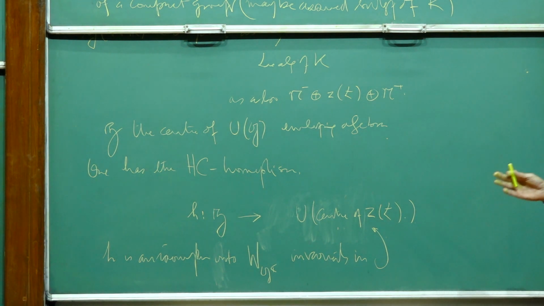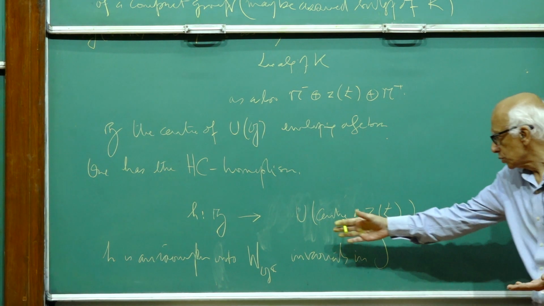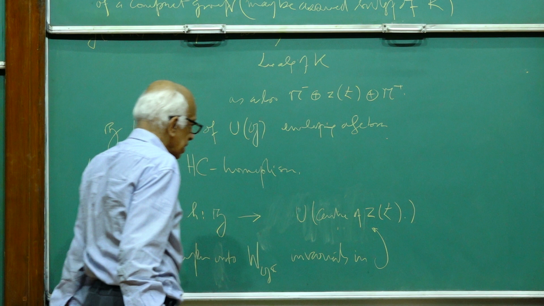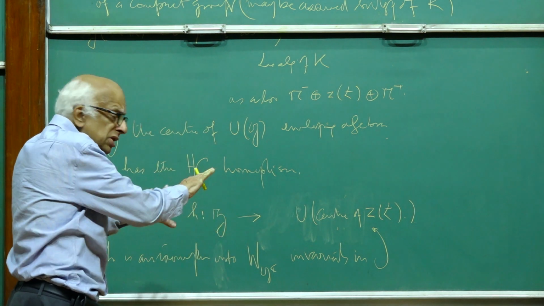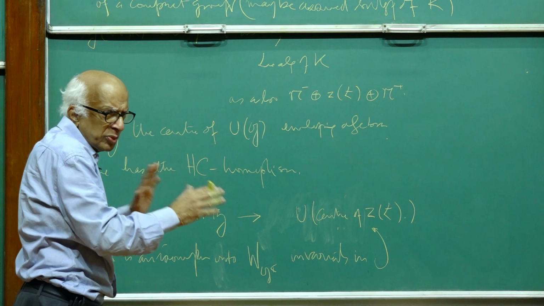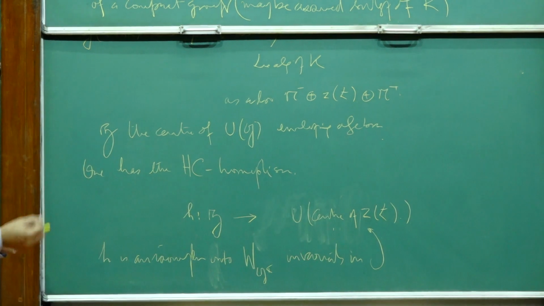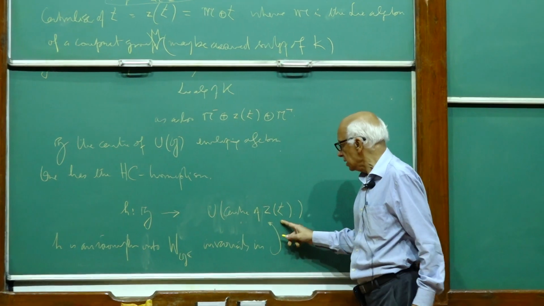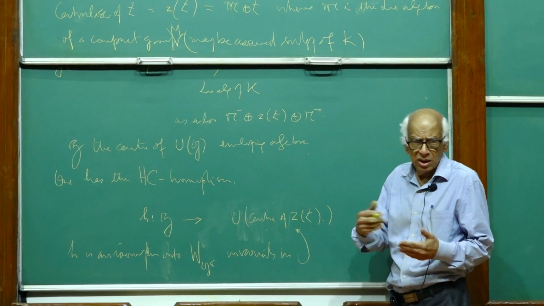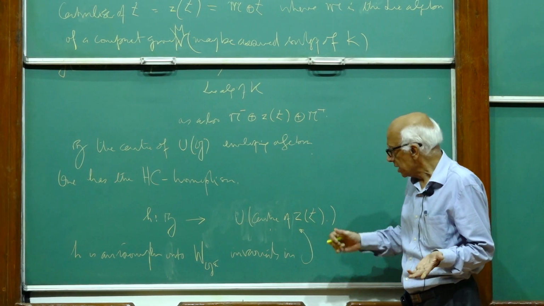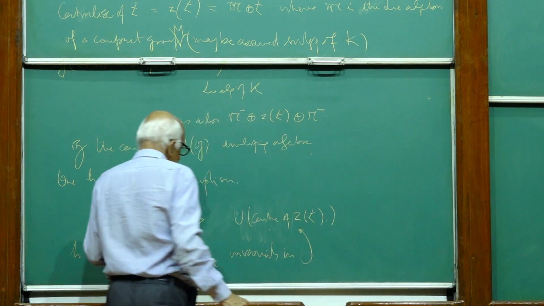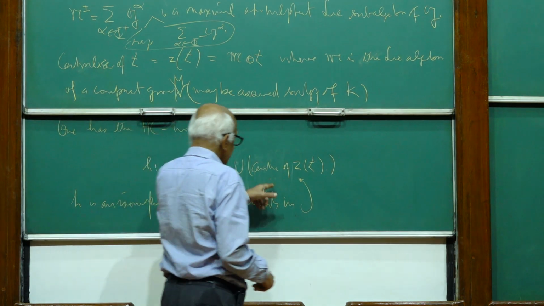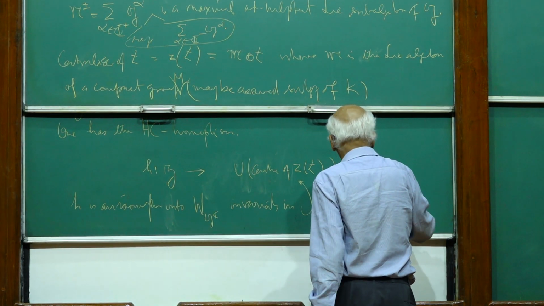The center of Z(T) is a Cartan subalgebra, and Z goes into the Cartan subalgebra, which of course you have to take over complex numbers. I hope it doesn't cause too much confusion. I keep using the same notation for real and complex things. So the center of Z(T) is a Cartan subalgebra of the whole Lie algebra 𝔤, and this mapping is into the complexified thing. The W(𝔤_C)-invariants form a polynomial algebra.